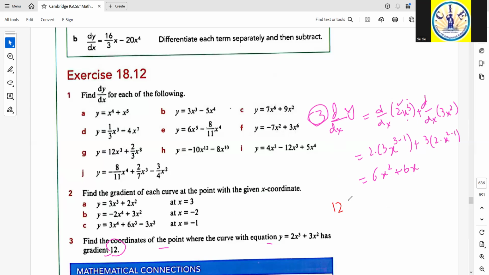And on the right side, this is 6x squared plus 6x. So we can take 6 common. Now bringing this 6 to the right side, this is 0. Now this is a quadratic equation. Let me solve this one. This is negative 2.